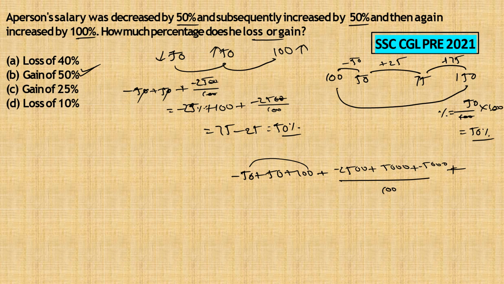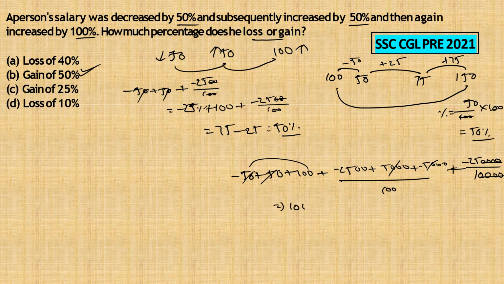That is 50 into 50, 2500, 2500 into 100, that is minus 250,000. 4 zeros here, divided by 10,000. The 4 zeros get cancelled here. And what we are left with is 5,000, 5,000 gets cancelled, that is minus 50 plus 50 minus 50.